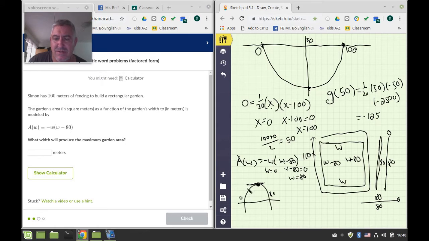So somewhere in the middle, directly in the middle, I want to know where this axis of symmetry is. 80 plus 0 divided by 2 is equal to 40. So the axis of symmetry is at 40, and the vertex, where is the vertex? So let's plug in and get the area for 40, which is equal to negative 40 times 40 minus 80.